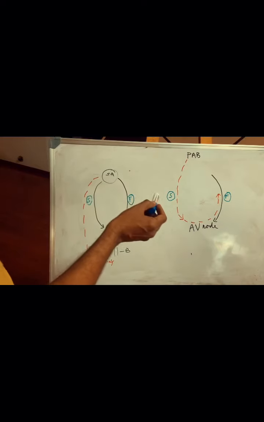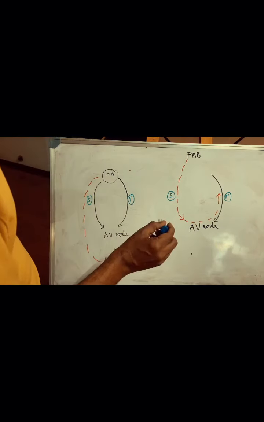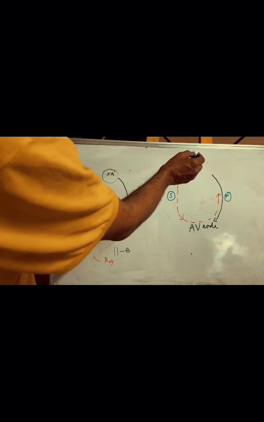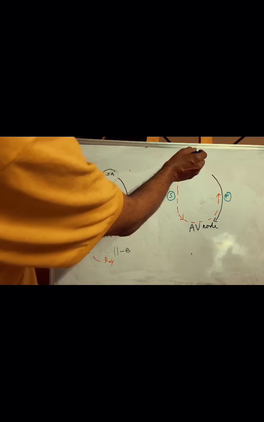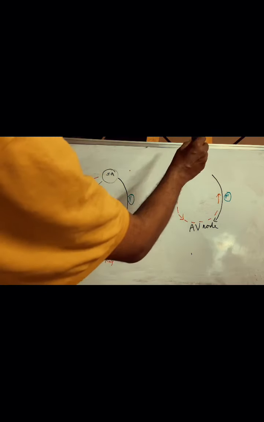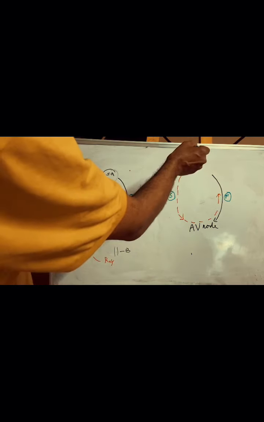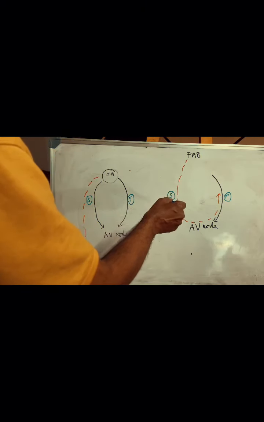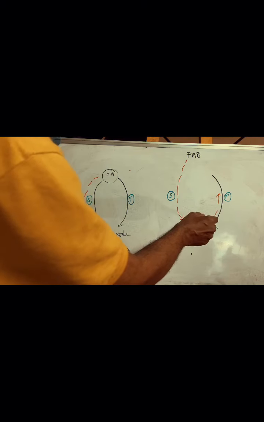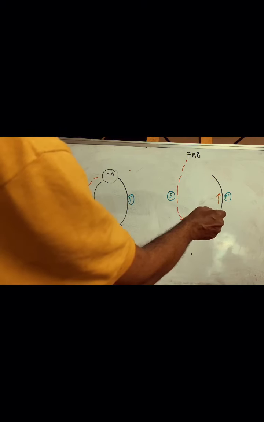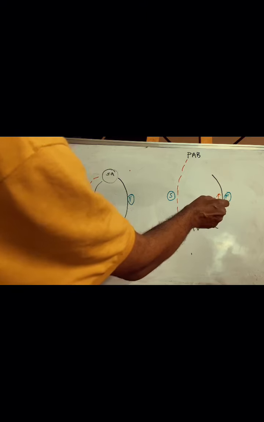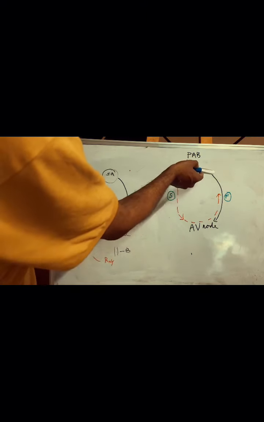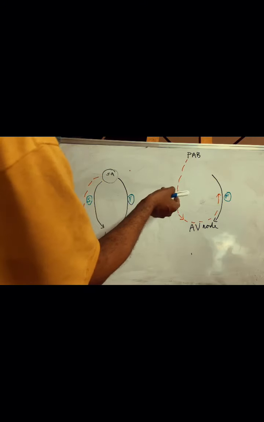But what happens in AV nodal reentrant tachycardias? Assuming an impulse from an ectopic focus, a premature atrial beat, again there is a slow pathway and a fast pathway. This impulse which goes through the slow pathway takes a different route and reaches the AV node. By the time it reaches the AV node, the refractory period of the fast pathway would have finished, so the impulse goes back and takes a circle.